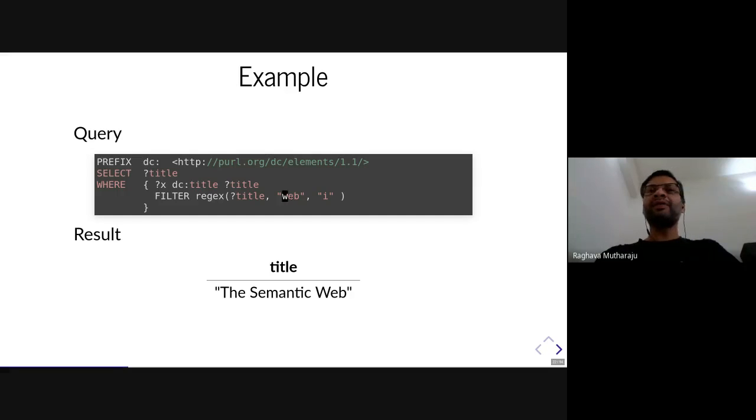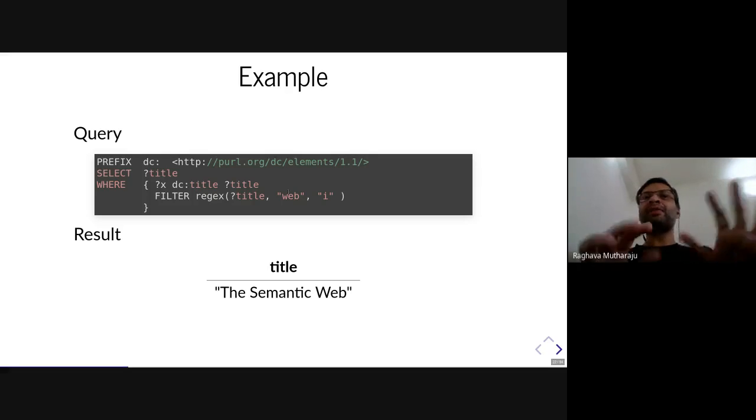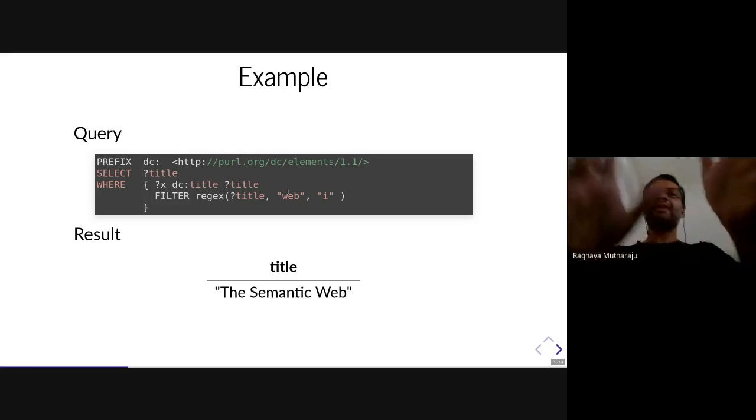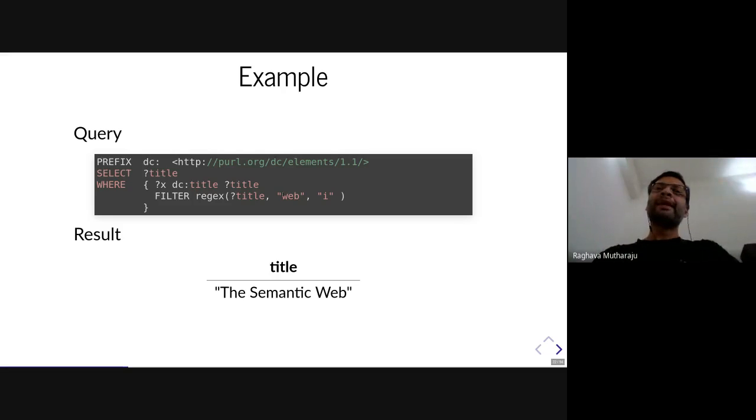For example, in this case, W is capital, but you can ignore the case and then do the comparison. So that's what you are specifying here, right? So there's only one title that matches this regular expression. The other title gets filtered out, so you get only one as the result, the semantic web, right?